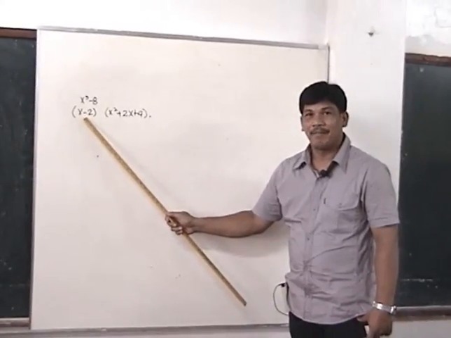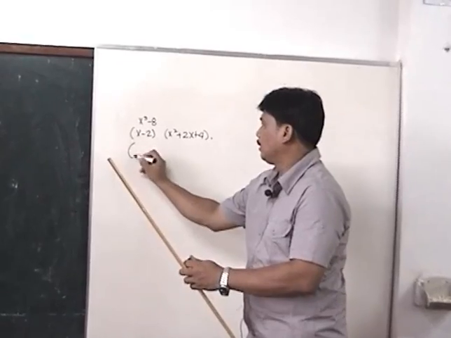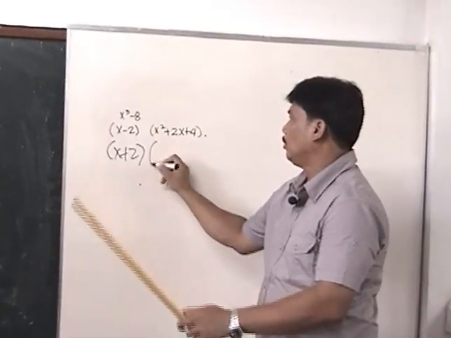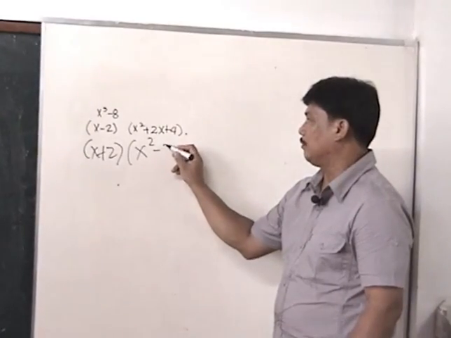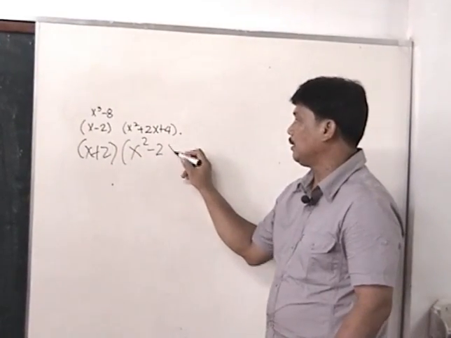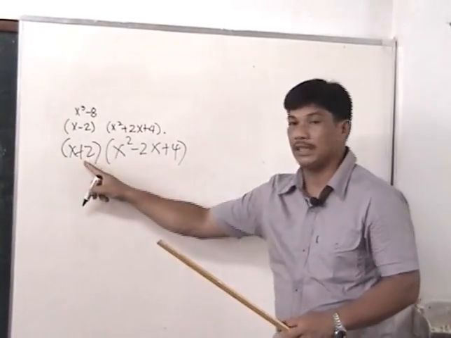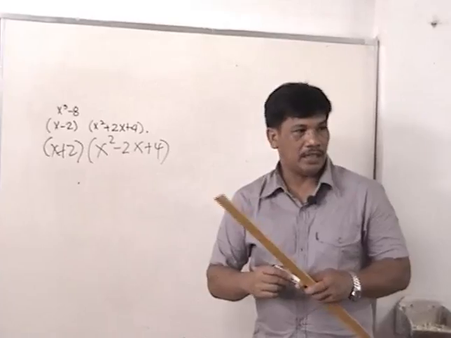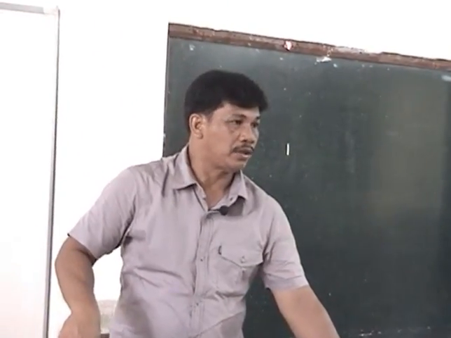If it is x plus 2, your sign must be negative. So it will be the opposite. Okay? And it will follow. So those are now, class, the things to remember in factoring sum and difference of cubes. Okay.